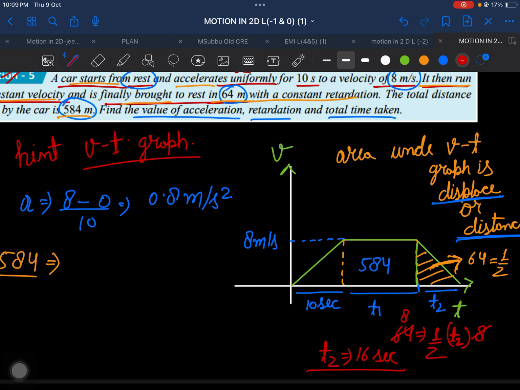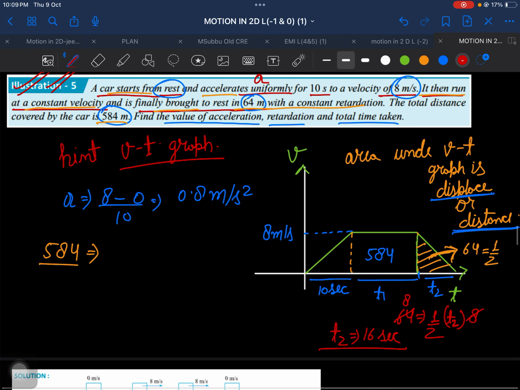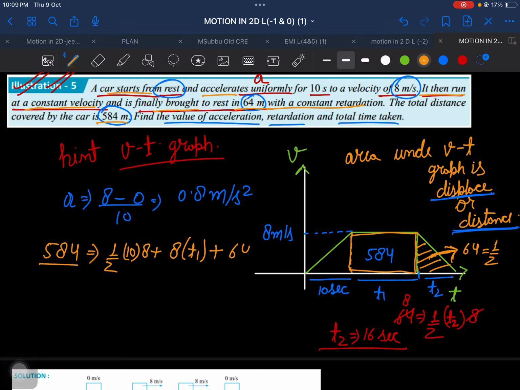What about T1? For T1 we will solve it here. 584. Okay, let me do it with the permanent marker. This is half base 10 into height 8, plus, not half, the second section is a rectangle, so it is 8 into T1, plus simply 64, this area.